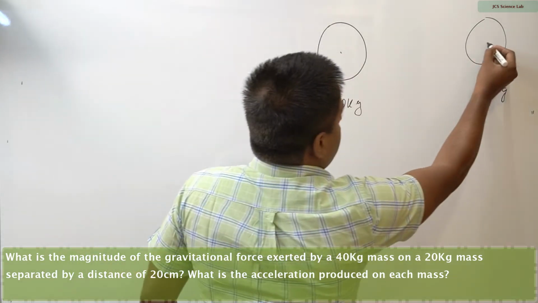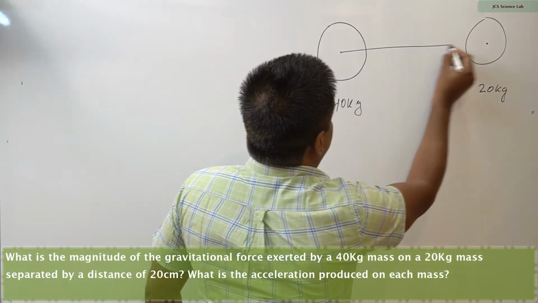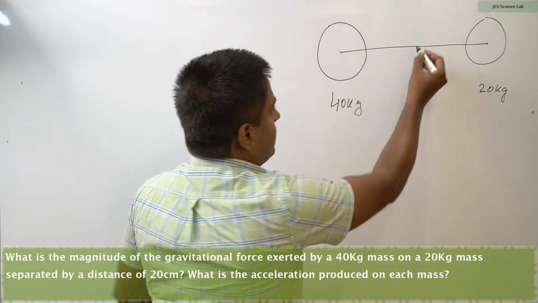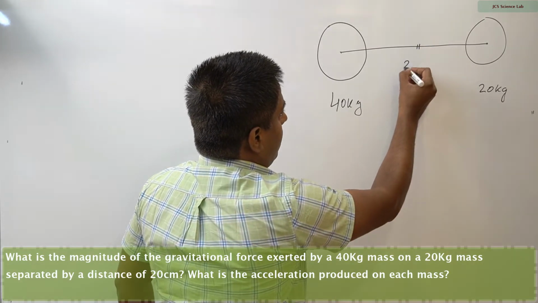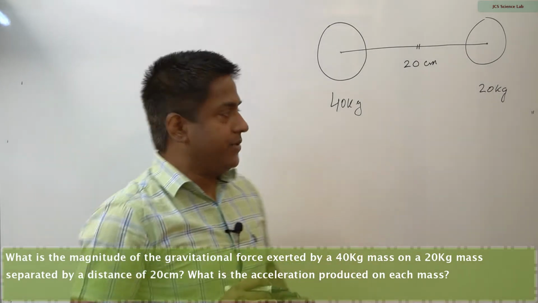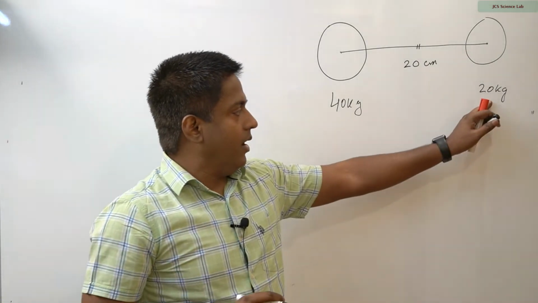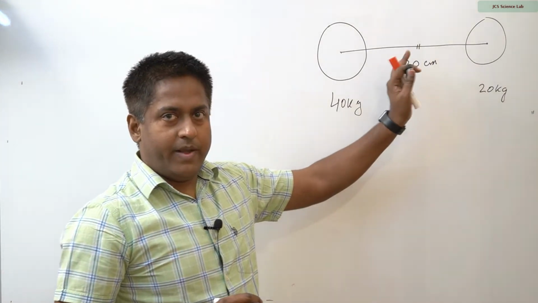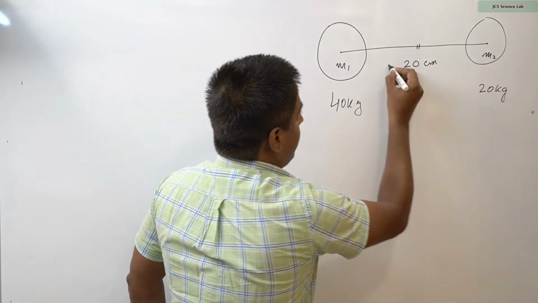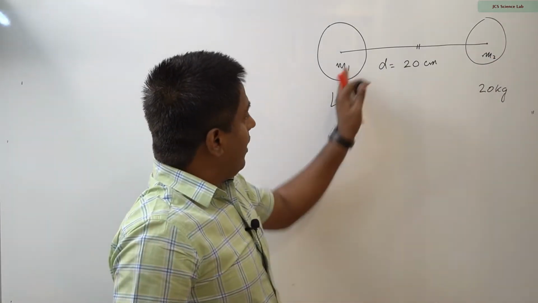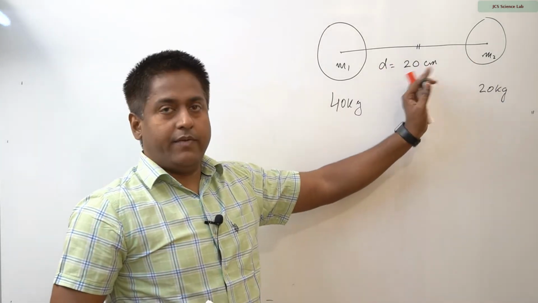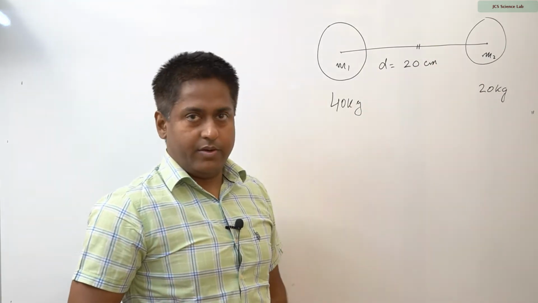The distance between the centers of the two objects, let's say, is 20 centimeter. So this is M1, M2 and d. M1 is 40 kg, M2 is 20 kg, and the distance between these two masses is 20 centimeter, right?